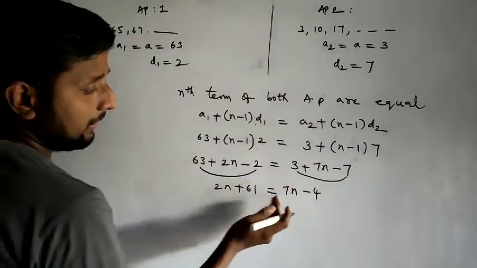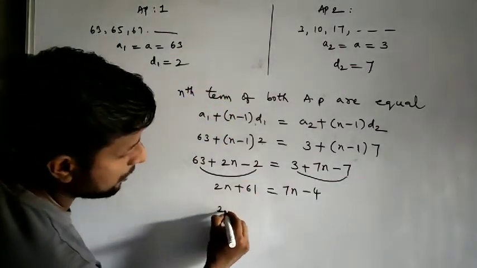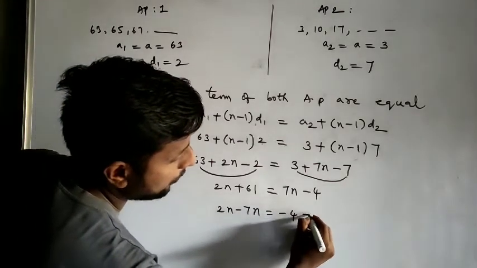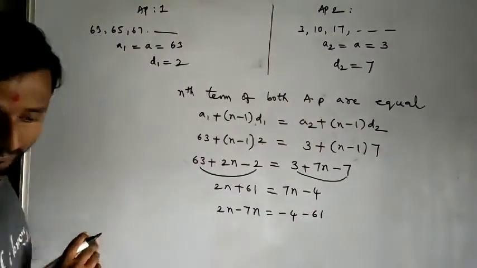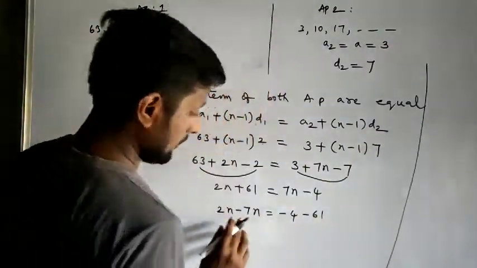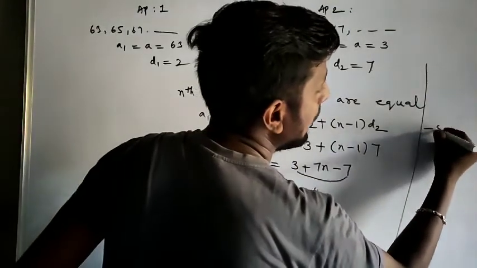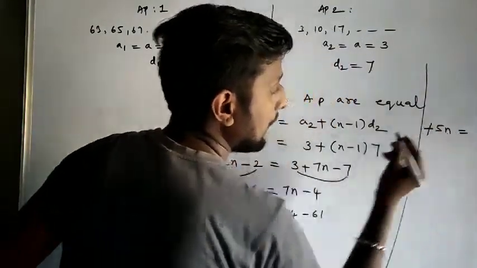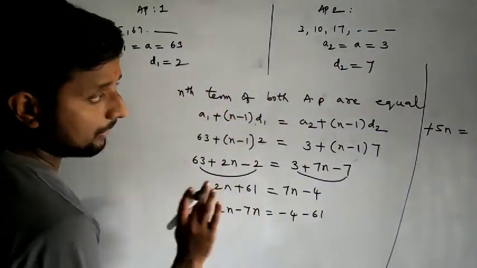Better bring 7n here, so we'll write 2n minus 7n equals minus 4 minus 61. So here we'll get negative numbers. Minus 5n is equal to minus 65. Minus minus gets cancelled, yeah.